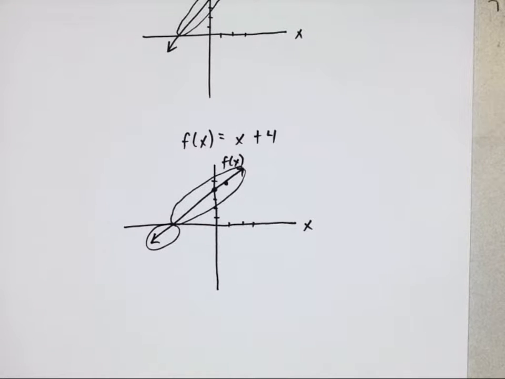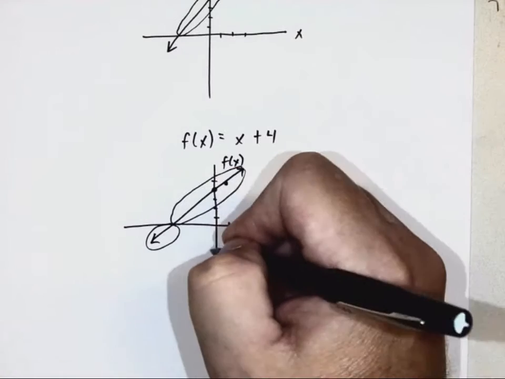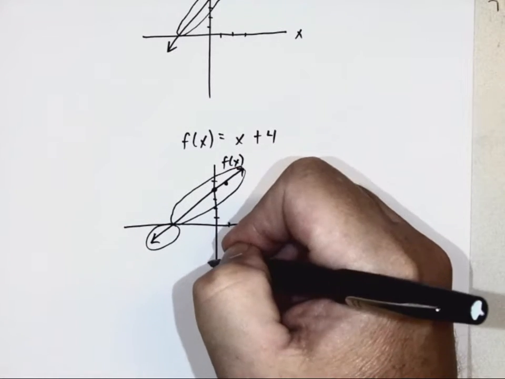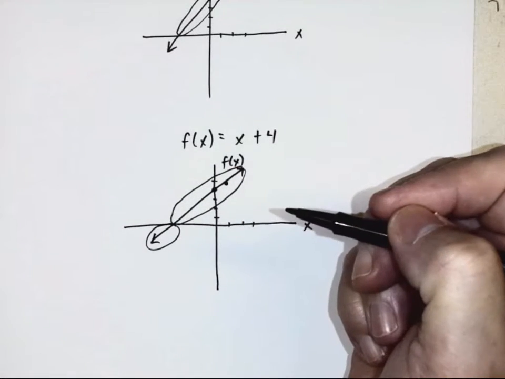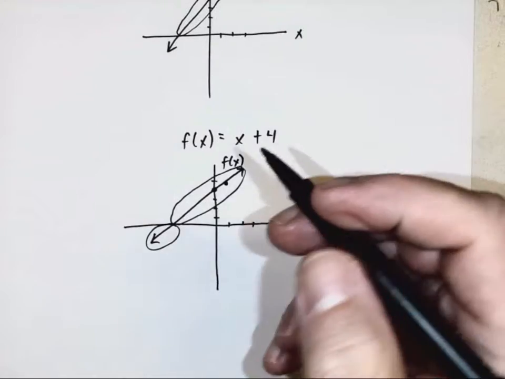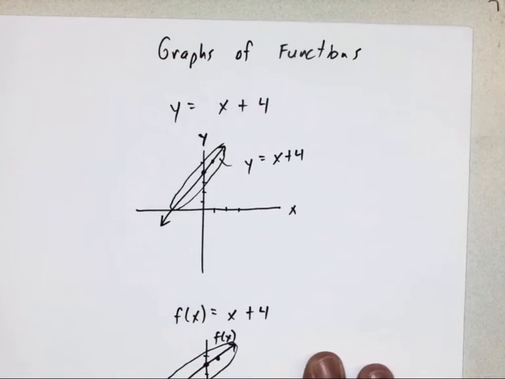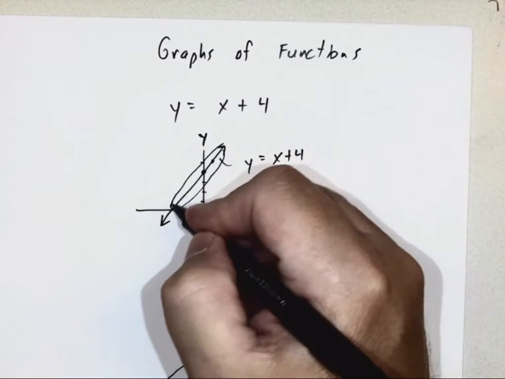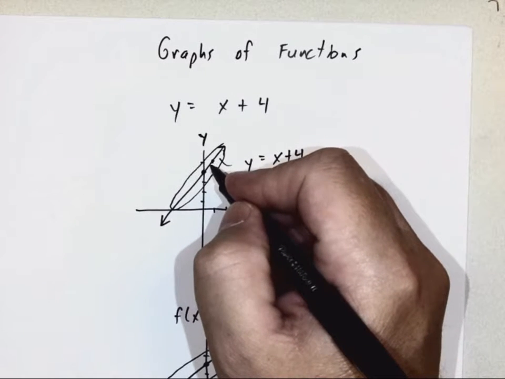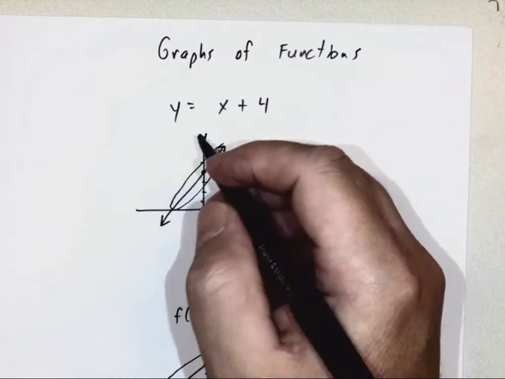If I were to say, show me on the graph where the function equals 0, well, once again, this vertical axis is my function. So if I say, where's the function 0 at? It's going to be right here. That's just like up here, if I said, where on this graph is y going to be 0?